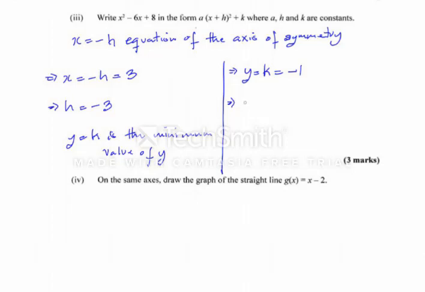Therefore, x squared minus 6x plus 8 would be equal to a, which is 1, so it's 1 into (x plus h, h is minus 3) squared plus k, which is minus 1. So we have just basically completed what the examiner asked us to do.